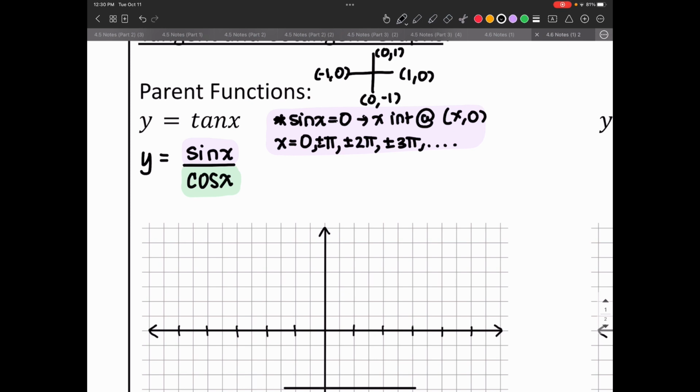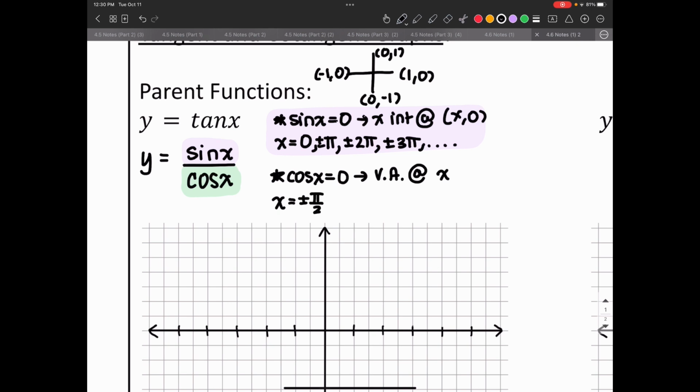Then for cosine, for the denominator, I know when cosine of x is equal to 0, that's going to give me, like I said, vertical asymptotes at whatever x is. The x values, or the angles, that would make cosine of x equal to 0 would be plus or minus pi over 2.